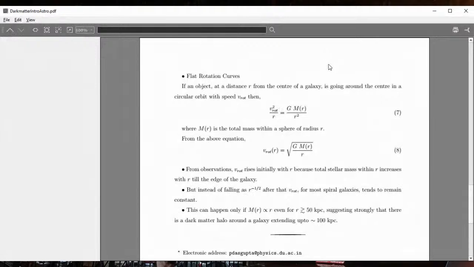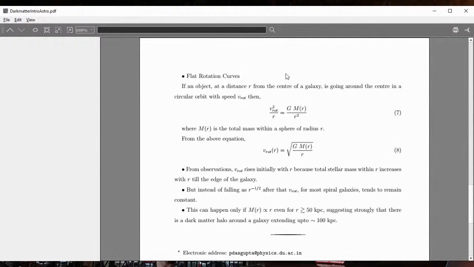Again, I'll go back to the slides, but yesterday I talked about how Vera Rubin and her collaborators studied the neutral hydrogen clouds which are present far away from a spiral galaxy, and by looking at the rotational velocity of the neutral hydrogen clouds, by studying the Doppler shift of the 21 centimeter lines coming from the neutral hydrogen cloud, she inferred the presence of dark matter.